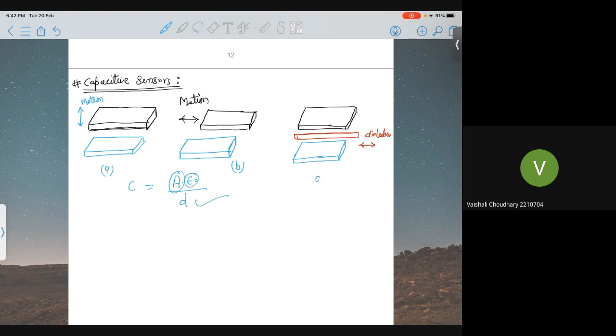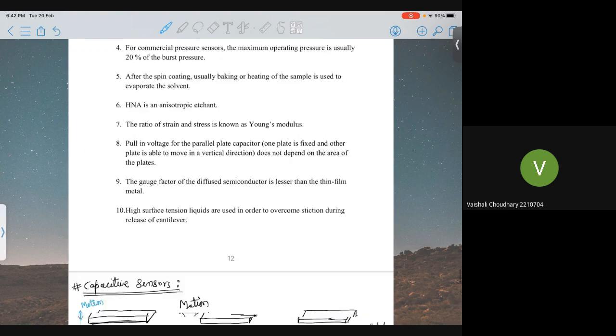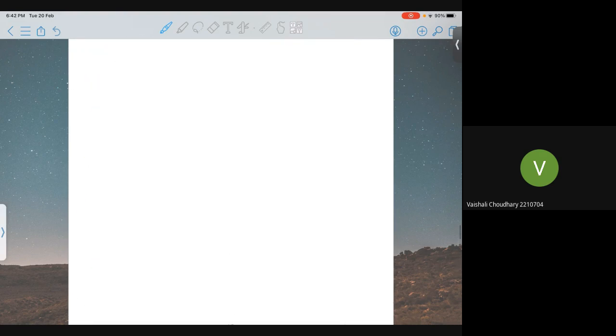This is the third case. So in that way, we can make a capacitive sensor. They can be sensitive to distance, area, and dielectrics. Right now, we'll move on to the problem.